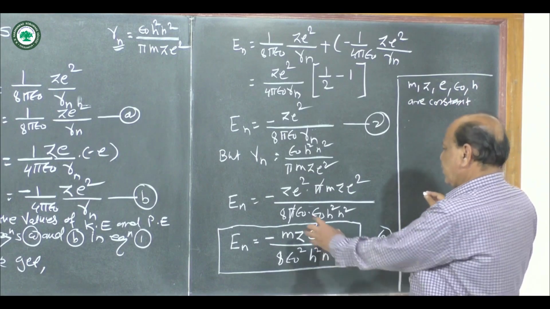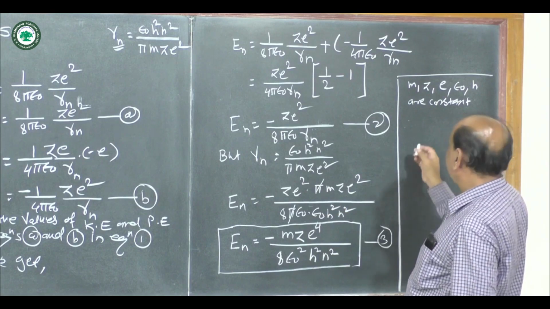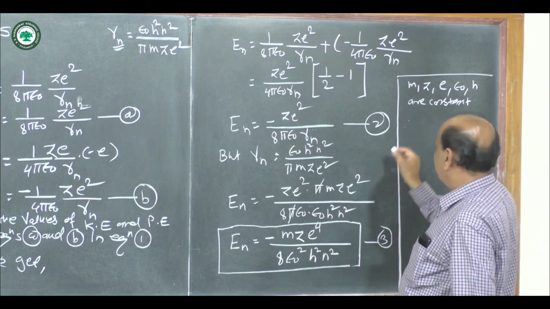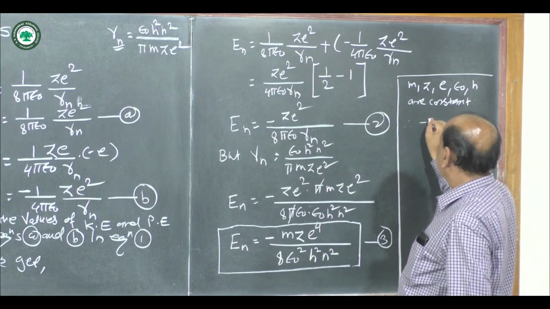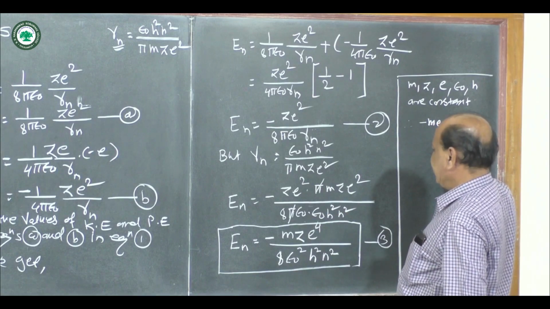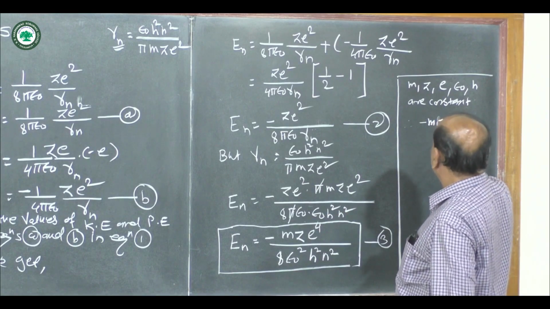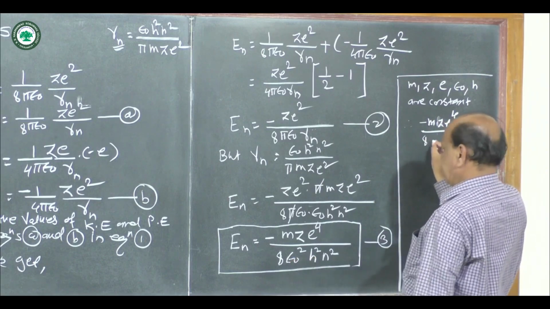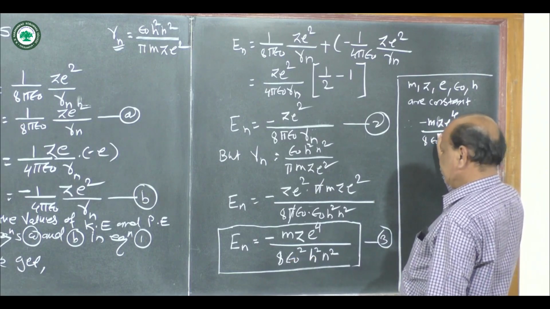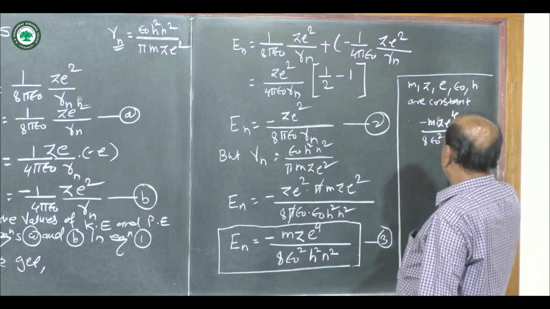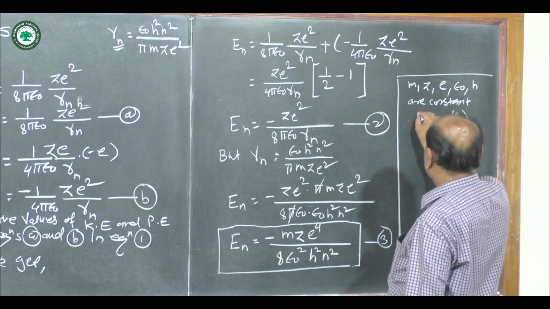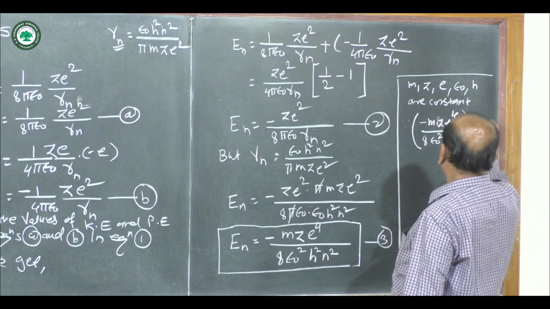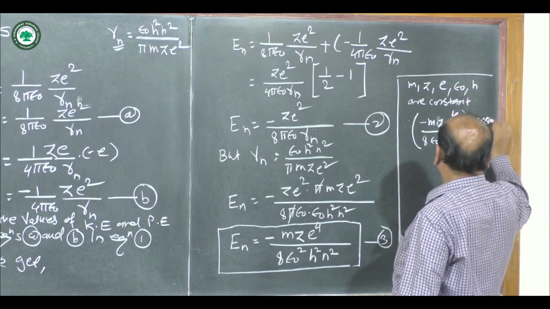Therefore this value, minus m Z squared e raised to 4 divided by 8 epsilon 0 square h square in bracket, is equal to a constant.